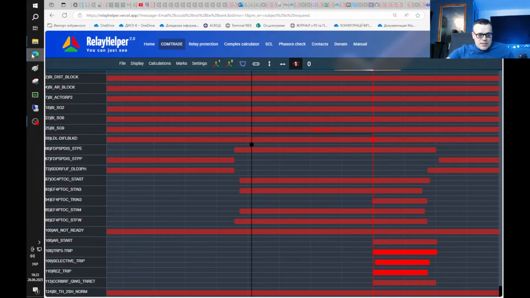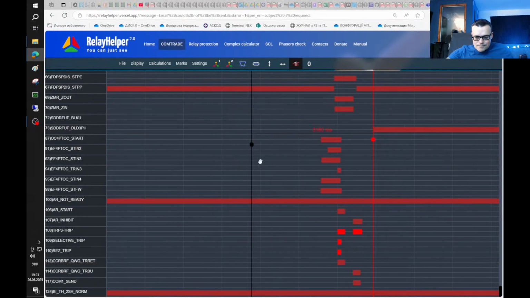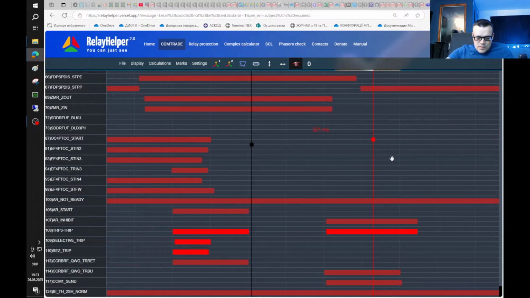In that case, the relay has a 200 millisecond delay, and this 200 may be found only here. So when the trip command was reset, after 200 milliseconds we received a trip.